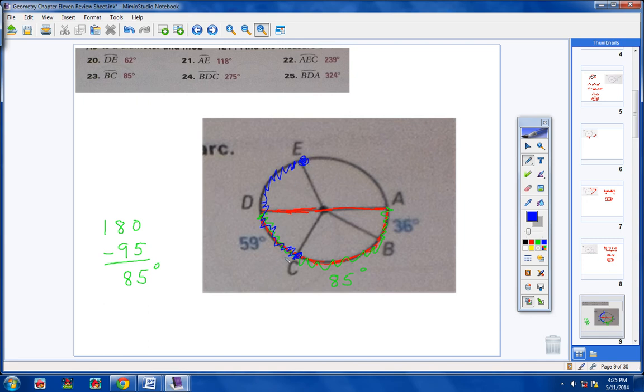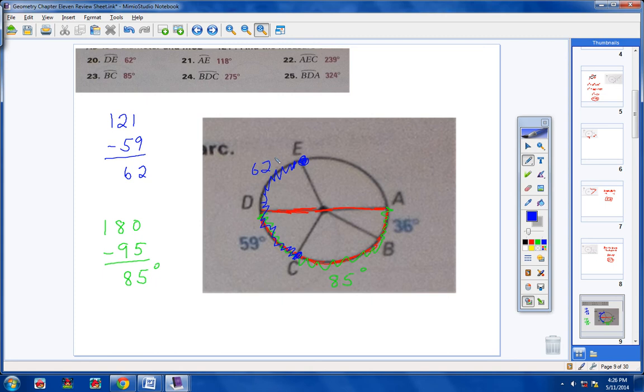If I know from C to D is 59 degrees, and I know from C all the way to E, this whole arc's 121, I'm going to take 121, I'm going to subtract 59 degrees, and I'm going to get 62. Okay? So now I know arc DE is 62 degrees.